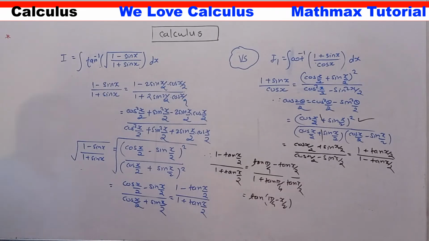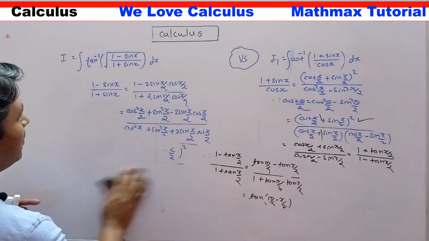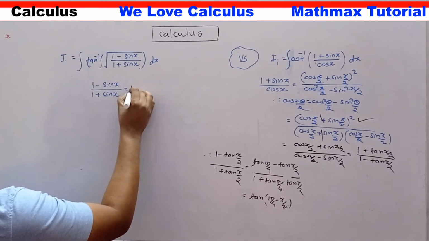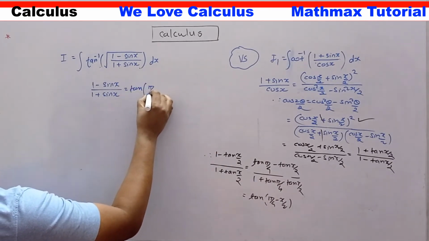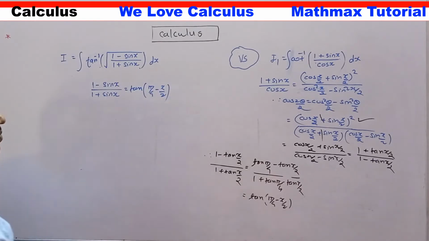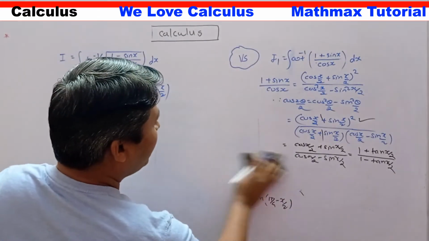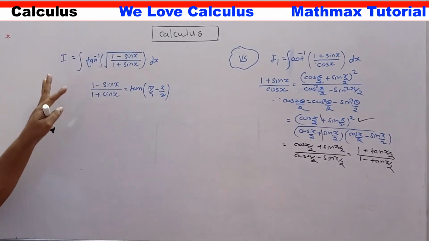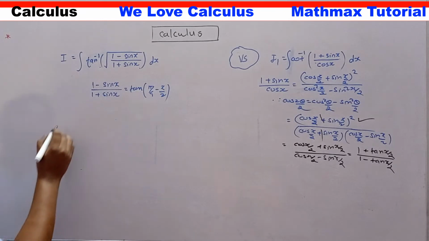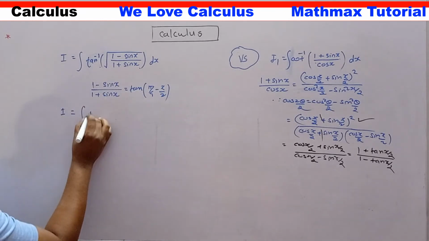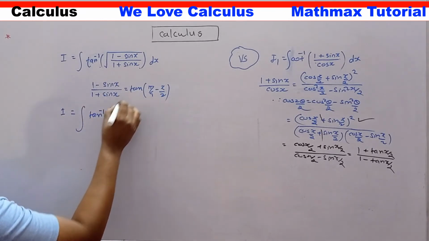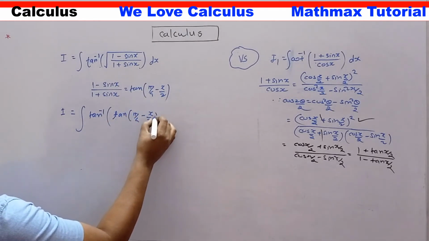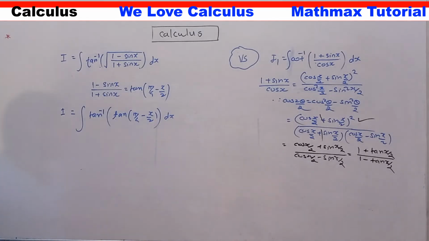Therefore I can write the simplified form as tan of pi by 4 minus x by 2. Now the integral I is equal to the integral of tan inverse of tan of pi by 4 minus x by 2, dx.